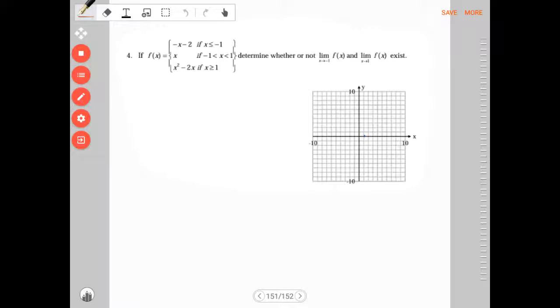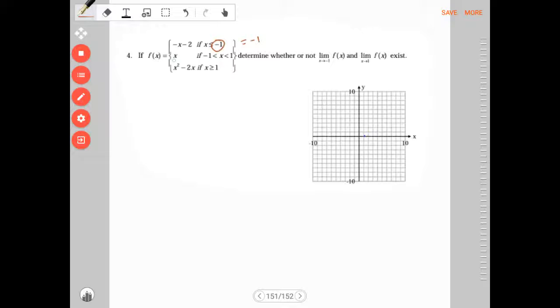Okay, a triple. Now this one is a little bit weird, guys, so just bear with me. The first thing I like to do is evaluate these limits at the boundary points. So negative x minus 2, let's look at that at negative 1. Negative 1 is positive 1, minus 2 is negative 1, so that equals negative 1.